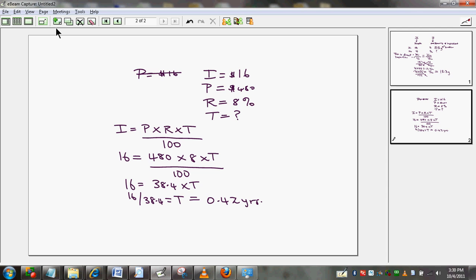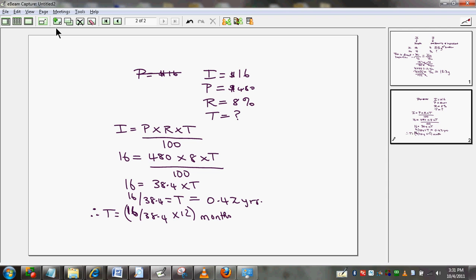So there's a good example of when you round off decimals, you tend to get errors at the end. The exact answer will be 5 months. A better approach, instead of writing 0.42 years, is to write 16 over 38.4 multiplied by 12, and that answer will be in months.